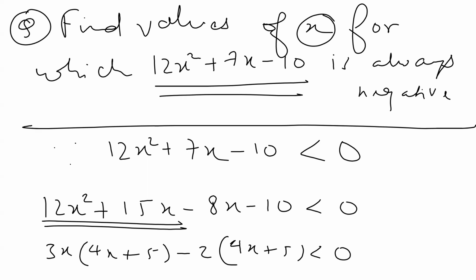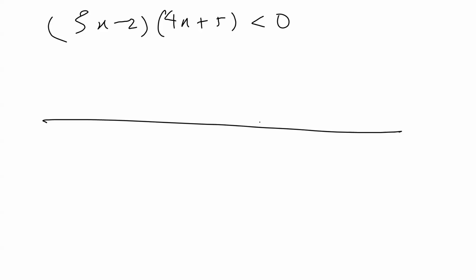So (3x minus 2)(4x plus 5) is less than 0. Critical values 2 by 3 and minus 4 by 5.